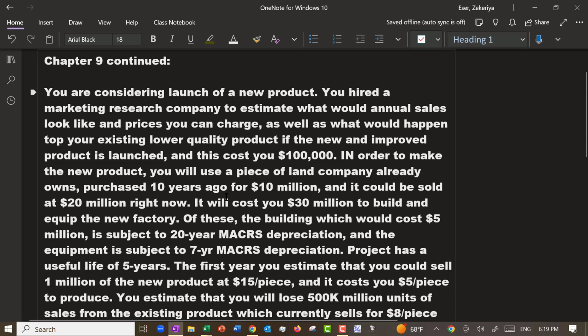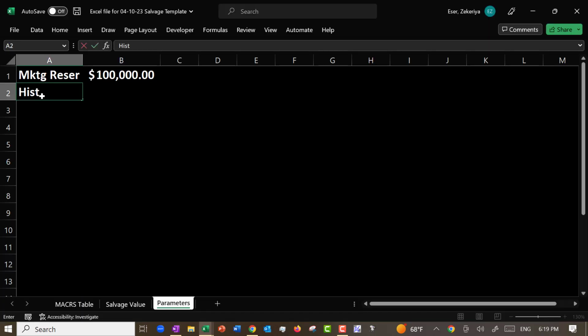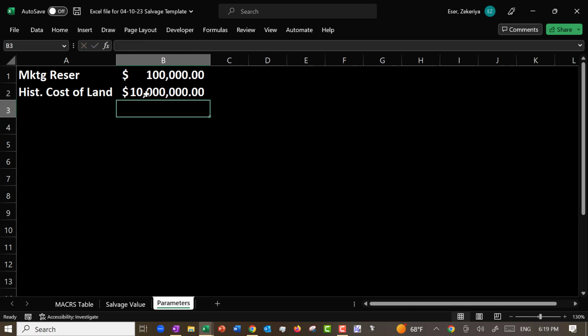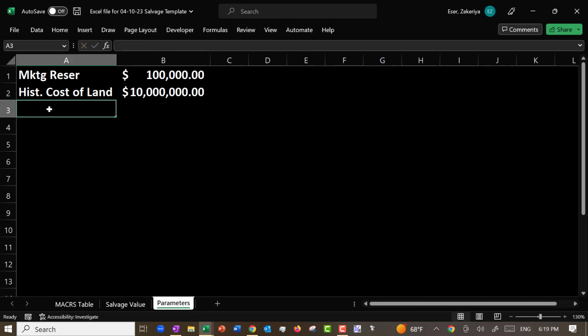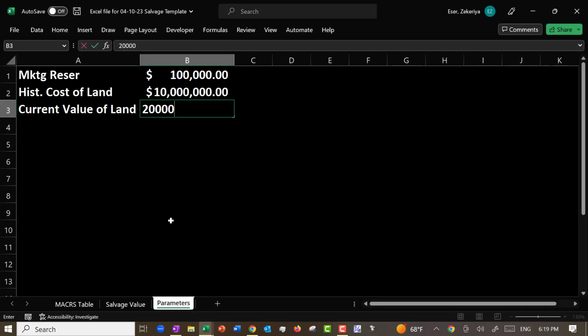Okay. Historical cost of land, $10 million. Current value of land, what did we say? 20. Oh, one thing I forgot to add.